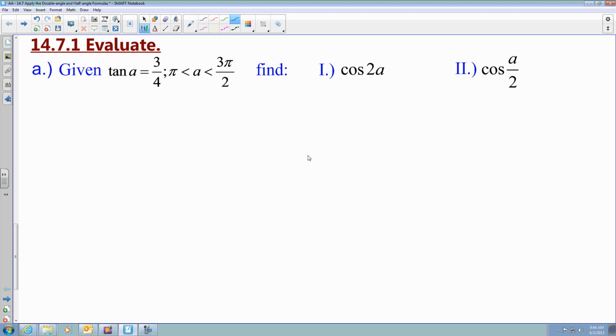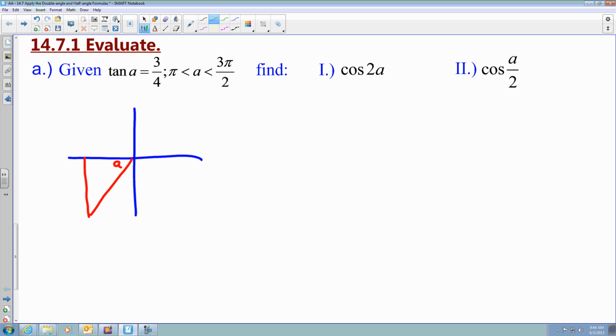So the first step that I would do is let's make a graph. They tell us the angle A is in between pi and 3 pi over 2. That means it's in quadrant 3. So A is right here.